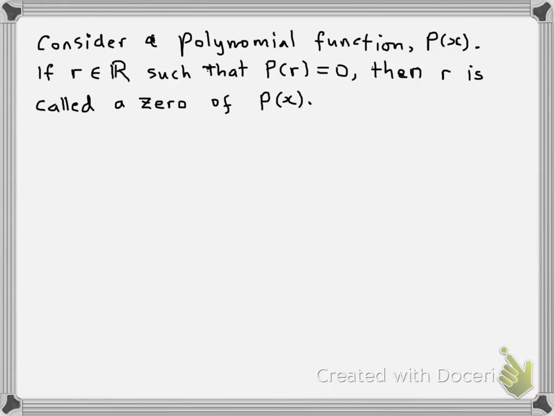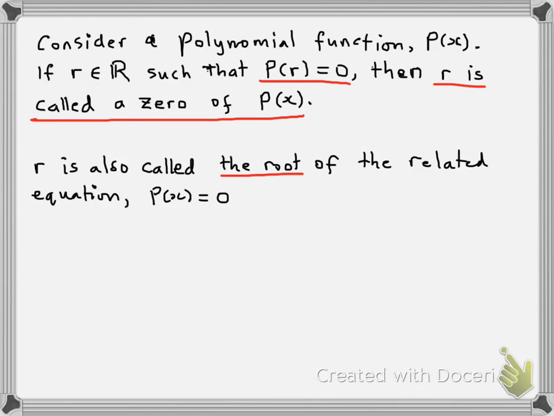That is, when you evaluate p of x at a point r and the value you obtain is 0, then you say little r is a 0 of p of x. That's the meaning of what I've written down here. Okay, so p of r is 0, r is called a 0 of p of x.